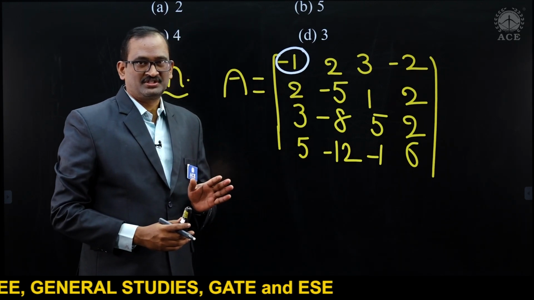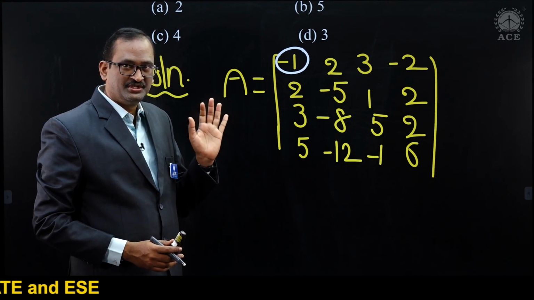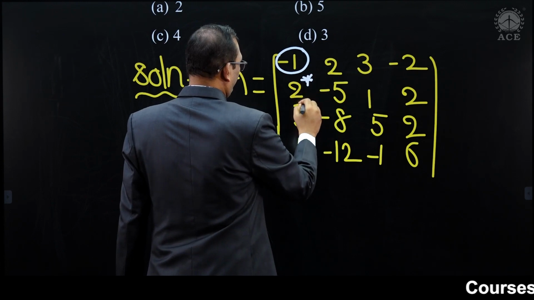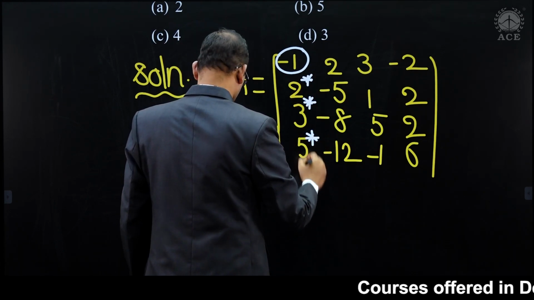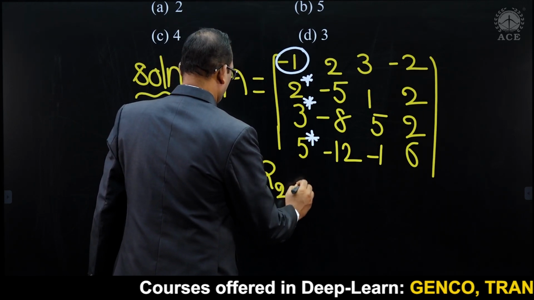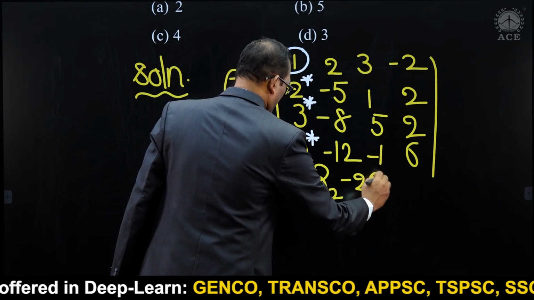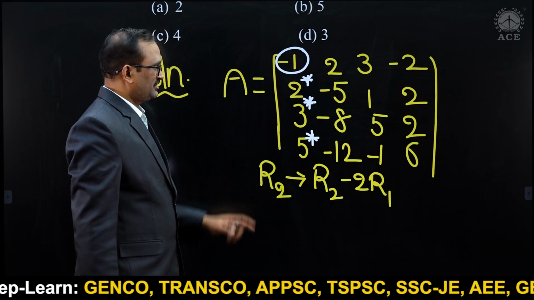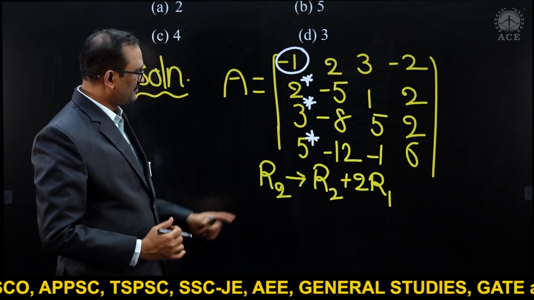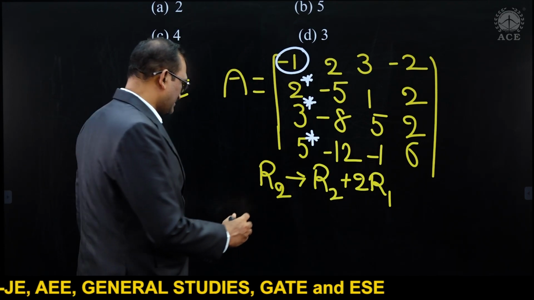Now select the first row, first element. All elements below that first row, first element must be made zeros with the help of row operations. Now, second row plus 2 times the first row, and third row plus 3 times the first row. 3 plus 3 into -1, that is 3 minus 3, it is 0.